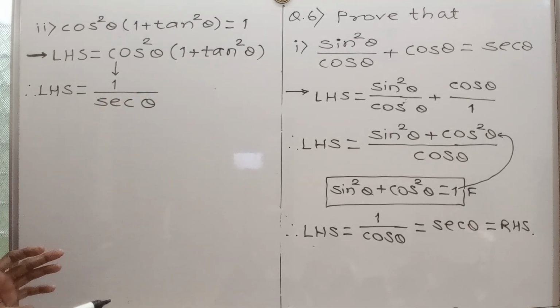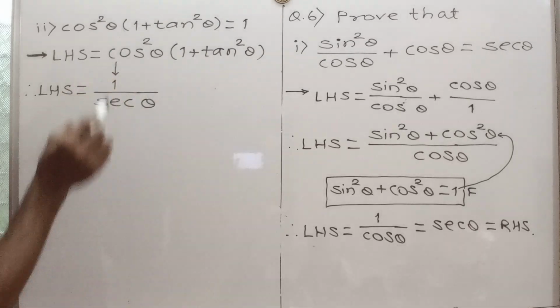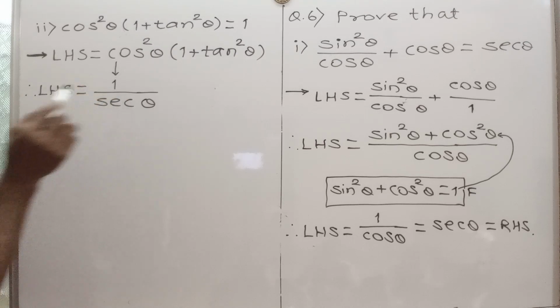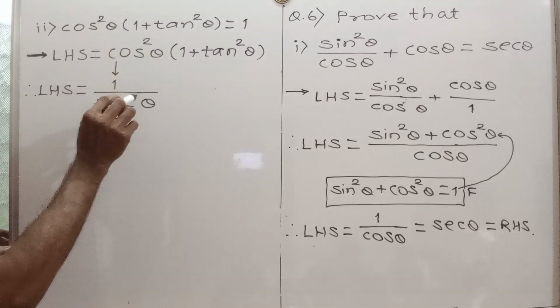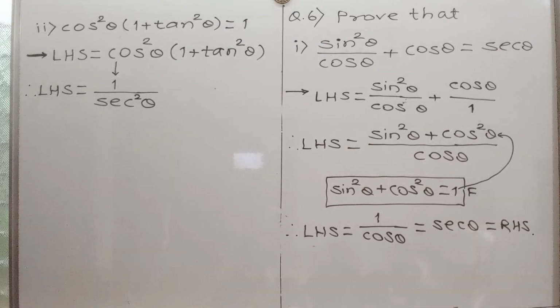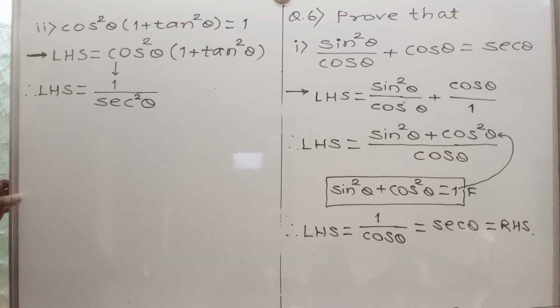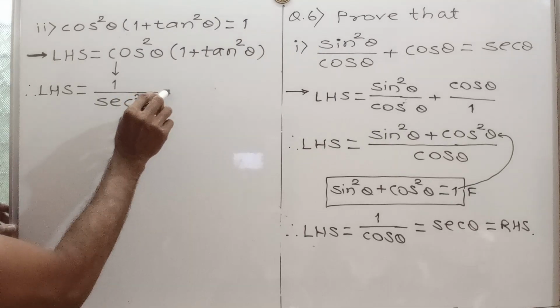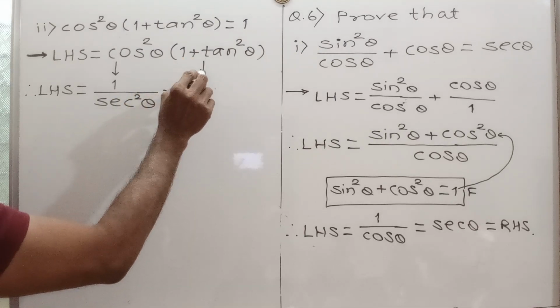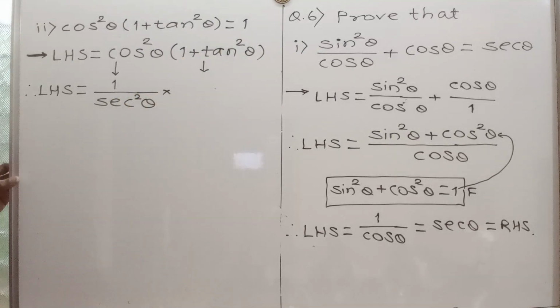For cos θ, the formula is 1 upon sec θ, but here it is squared, so we write here square. Did you understand this? 1 upon sec² θ into the formula for 1 + tan² θ.